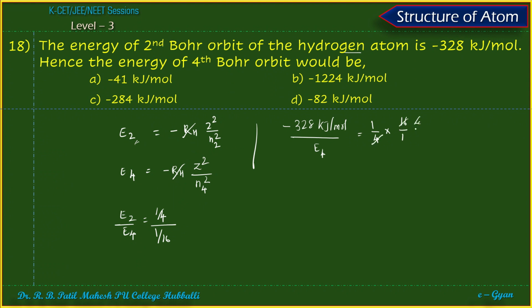So here we are going to get a simplified equation: E4 is equal to minus 328 divided by 4 kilojoule per mole, which gives 82. 4 1s are 4, 4 8s are 32, 4 2s are 8. Therefore, minus 82 kilojoule per mole is the energy of the fourth Bohr orbit. Option D is the correct one, minus 82 kilojoule per mole.